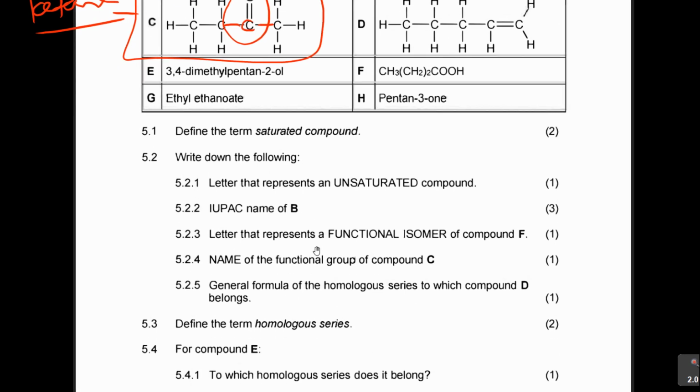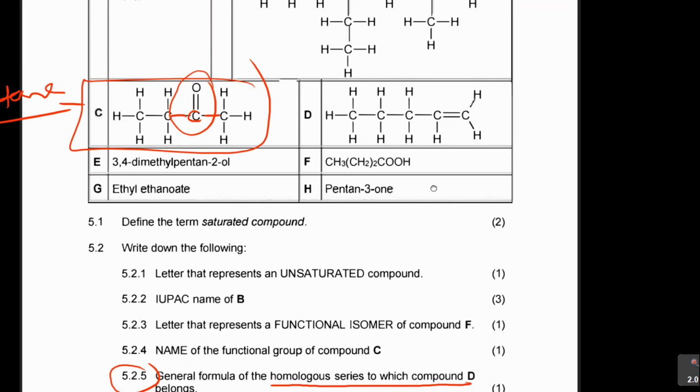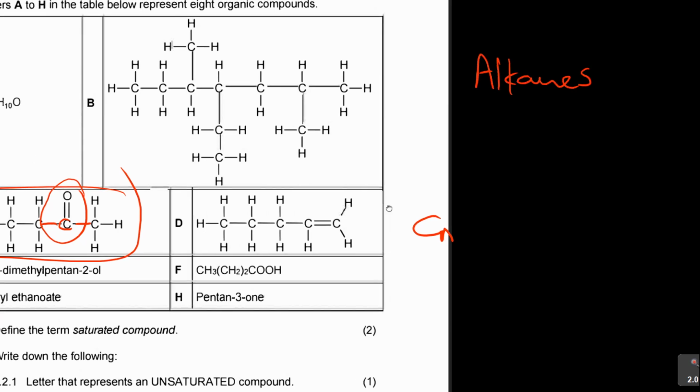And then 5.2.5: the general formula of the homologous series to which compound D belongs. Let's look at compound D. Compound D is an alkene. You must know the groups. It's better to start with alkanes, it becomes easier to know the alkenes.